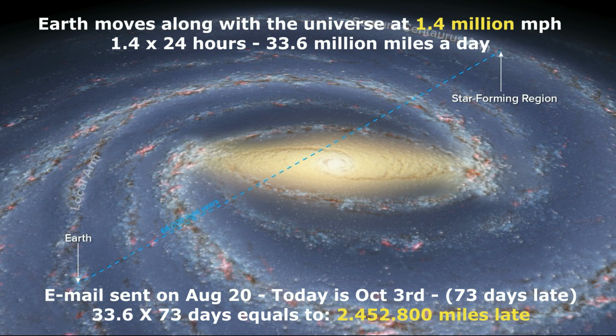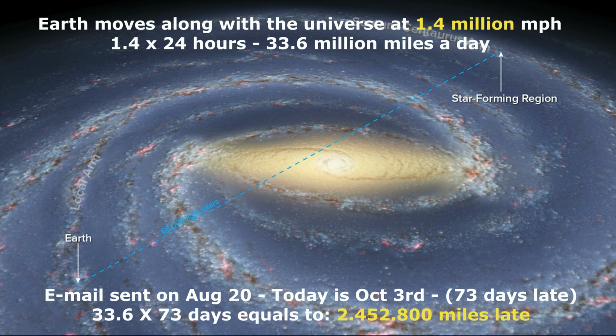But the point I want to make is how crazy the heliocentric model is, that we are 2,452,000,000 miles away from the day that he sent me the email 73 days ago. So we have moved through the universe almost 3 billion miles from the point I got the email to the day I'm going to email back.